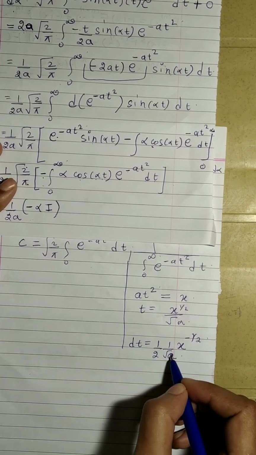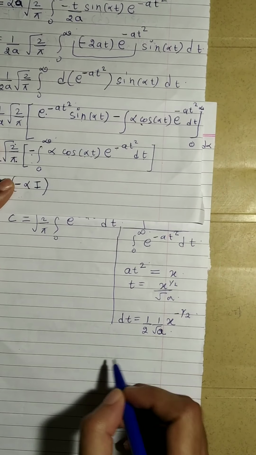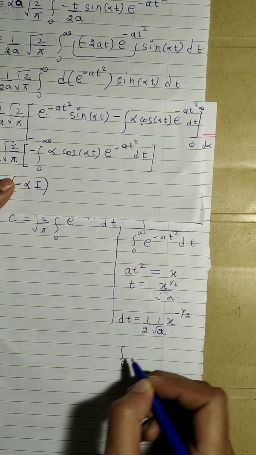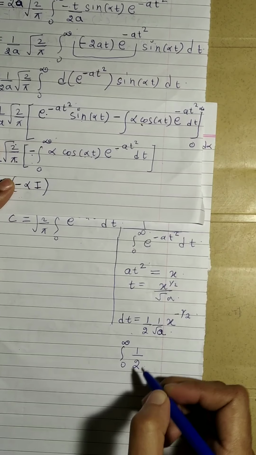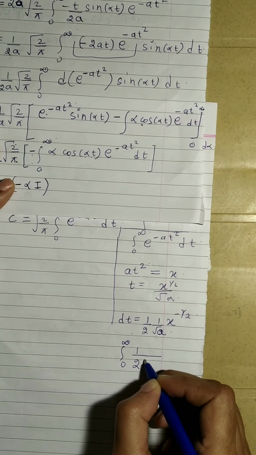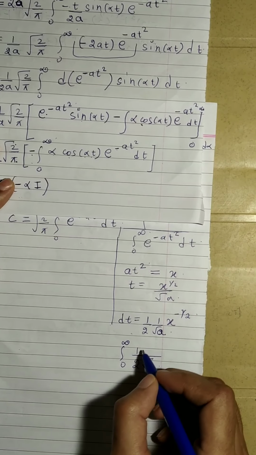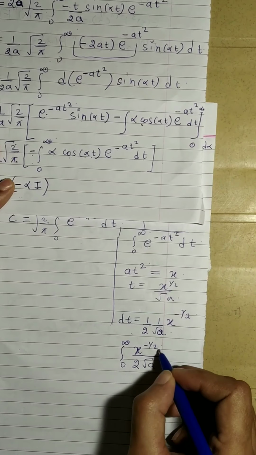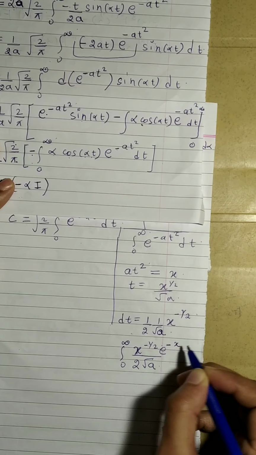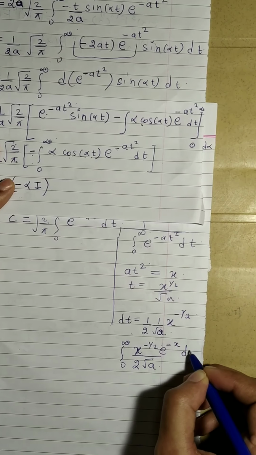With this substitution, what do we get? Integral from 0 to infinity 1 upon 2 into root a, x raised to minus half into e raised to minus x dx.